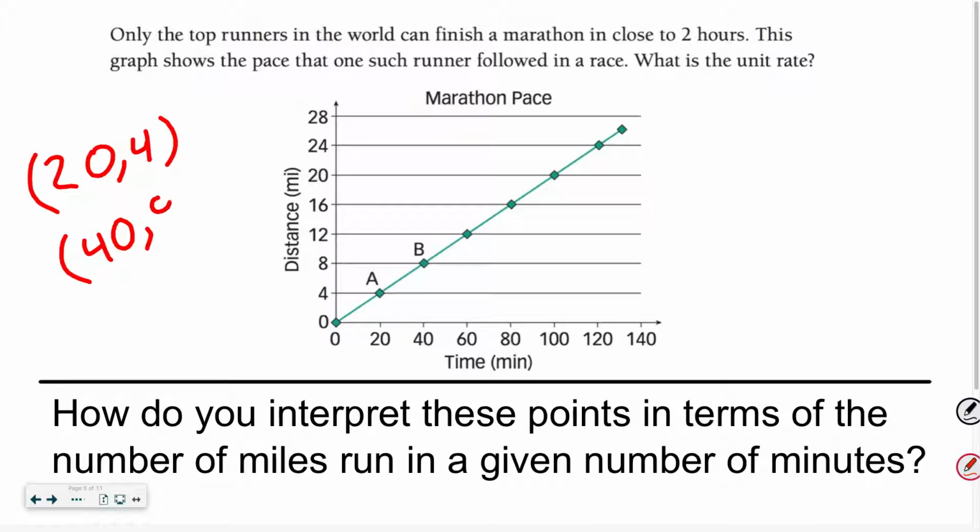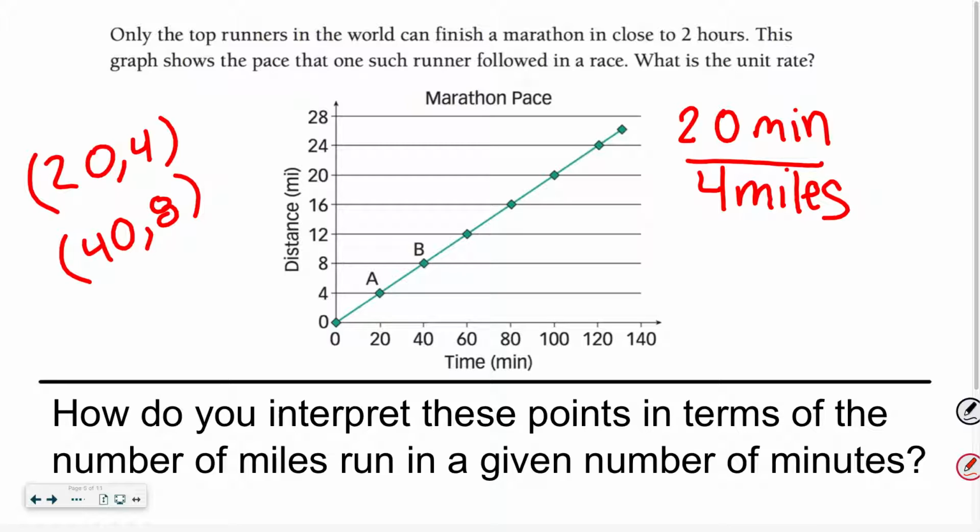For every 20 minutes, she's running 4 miles. So for every 20 minutes, the runner is running 4 miles.